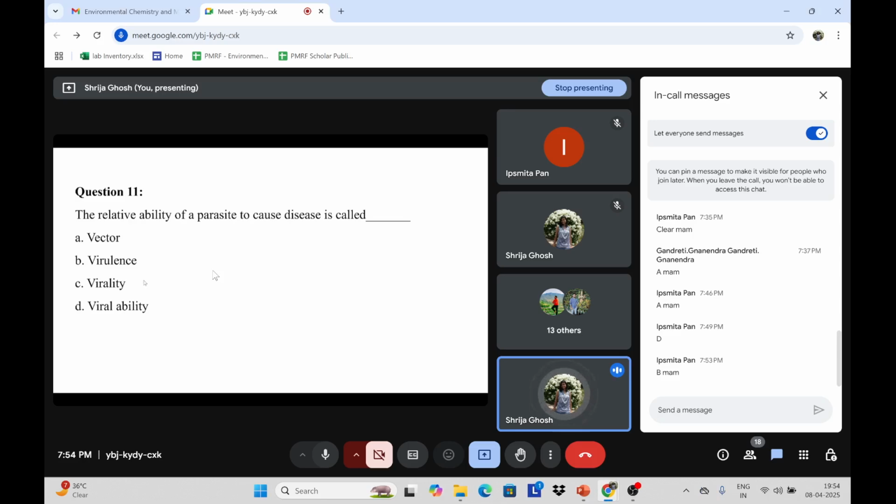Okay, Smita says option B, that is virulence. What about others? Anyone else wants to answer? Please write your answers in the chat box.